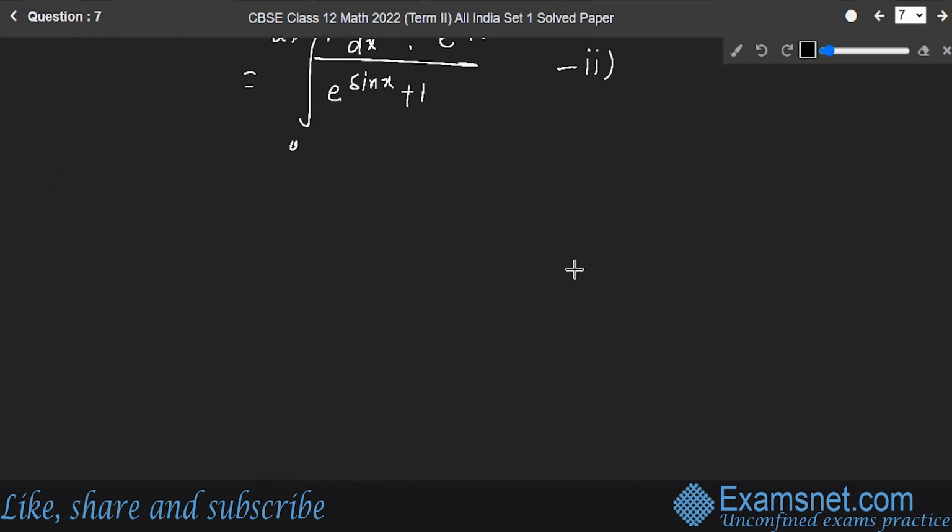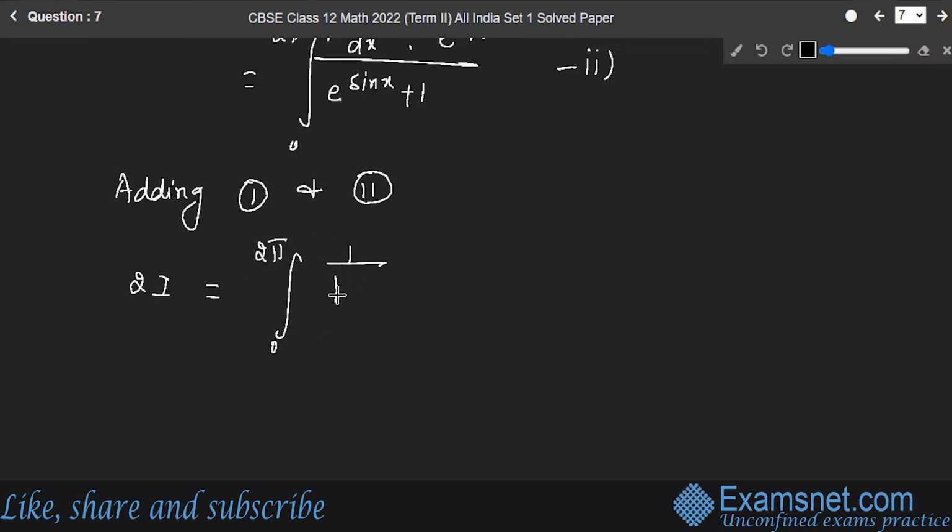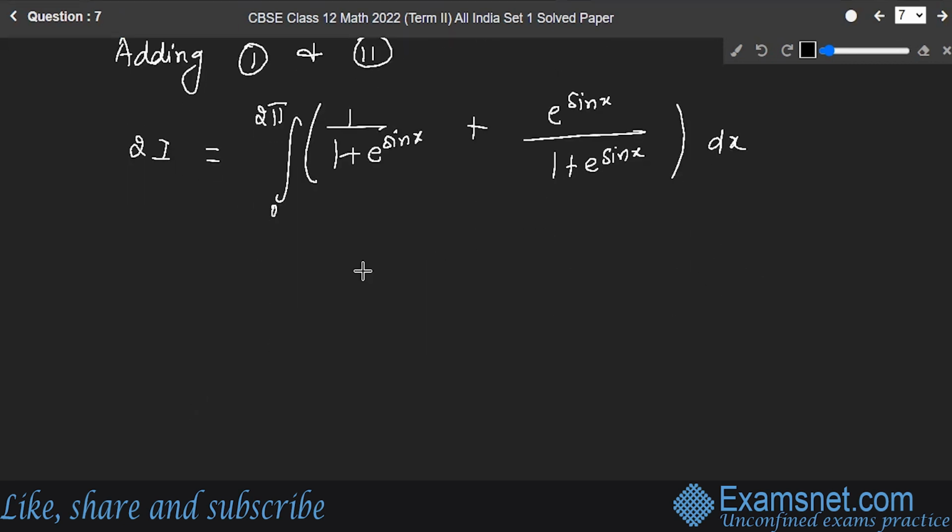Adding 1 and 2, you have 2I is the integral from 0 to 2 pi of 1 upon 1 plus e raised to power sin x plus e raised to power sin x upon 1 plus e raised to power sin x dx. That is the integral from 0 to 2 pi of (1 plus e raised to power sin x) upon (1 plus e raised to power sin x) dx.